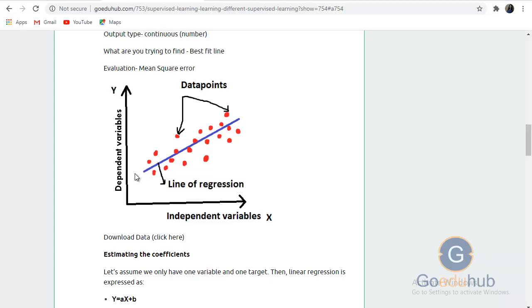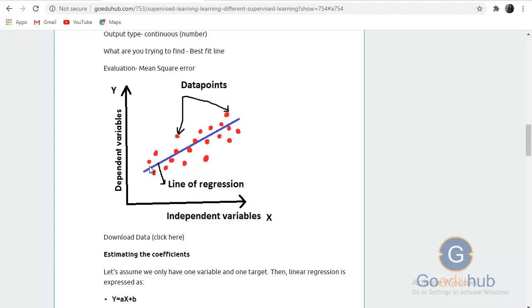So these are the actual values we know. And when we prepare our model, this is the best fit line, or you can say the line of regression. When x corresponds to this value, we get the y value where it touches this line.